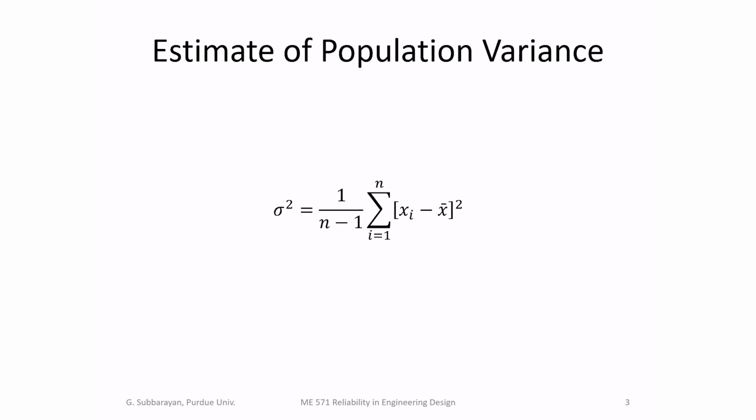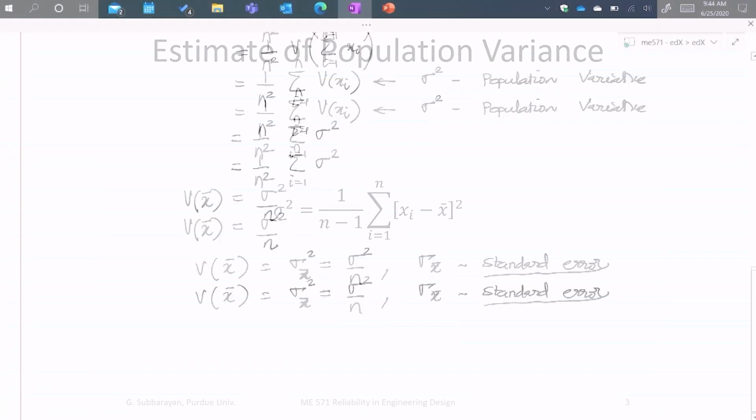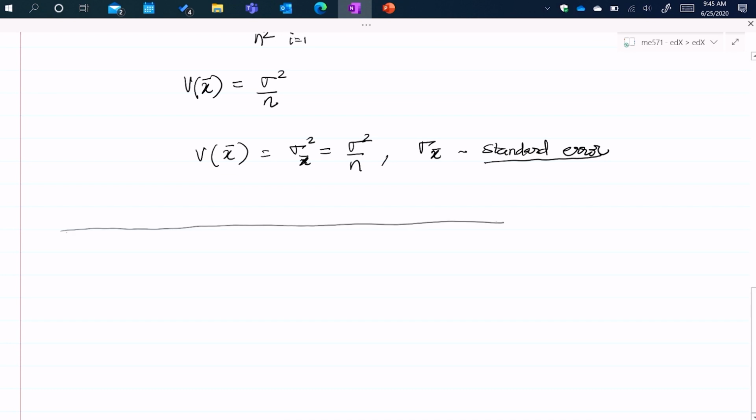So now we are going to extend that idea to try to estimate the population variance. The logic is very similar to what we did in estimating the sample mean variance. So let's start with our definition of population variance and our definition of sample variance.